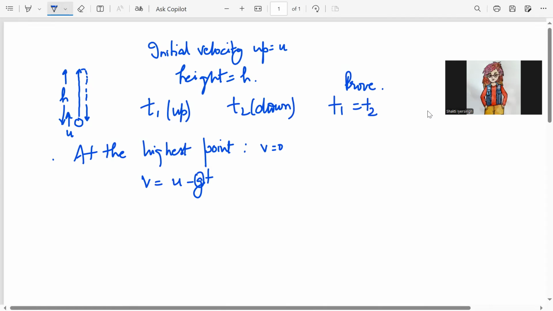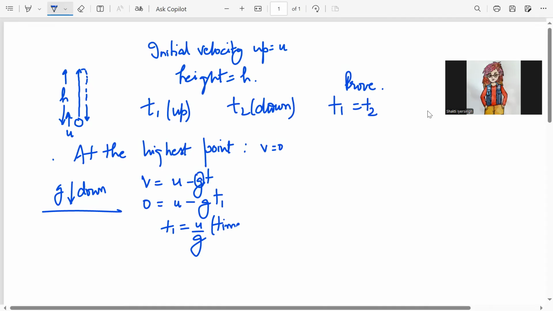G is downwards, and hence its sign is negative here. And putting V as 0 here at the highest point equals U minus G times T1, right? And from this, I'm going to get T1 equals U upon G. This is the time to go up. So that's our first derivation.